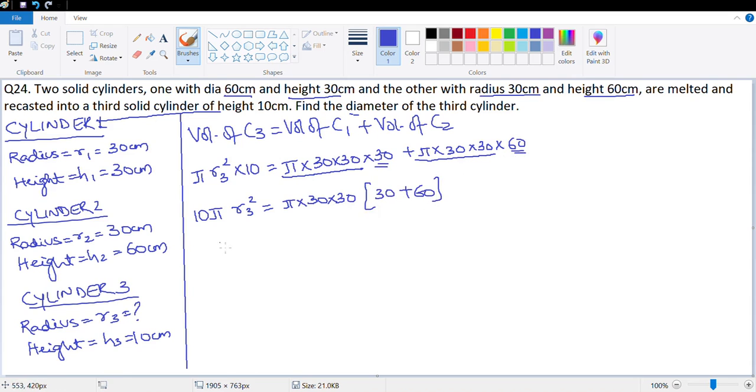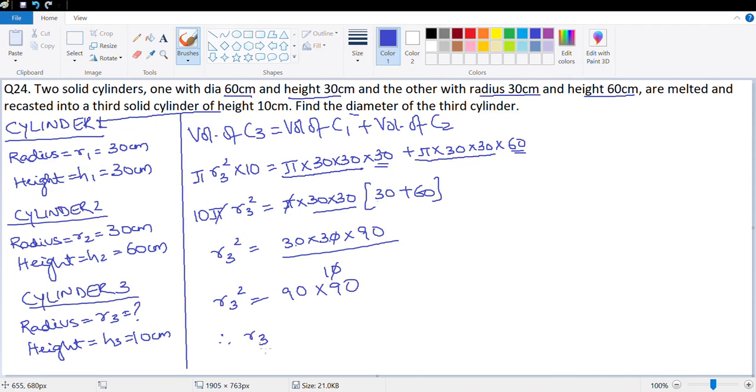This pi and this pi get cancelled. So we have r3 square is equal to 30 into 30 multiplied with 30 plus 60, that's 90, divided by 10. So this 0 and this 0 get cancelled. So r3 square is equal to 30 into 3, that's 90 into 90. Therefore r3 is equal to 90 centimeter.